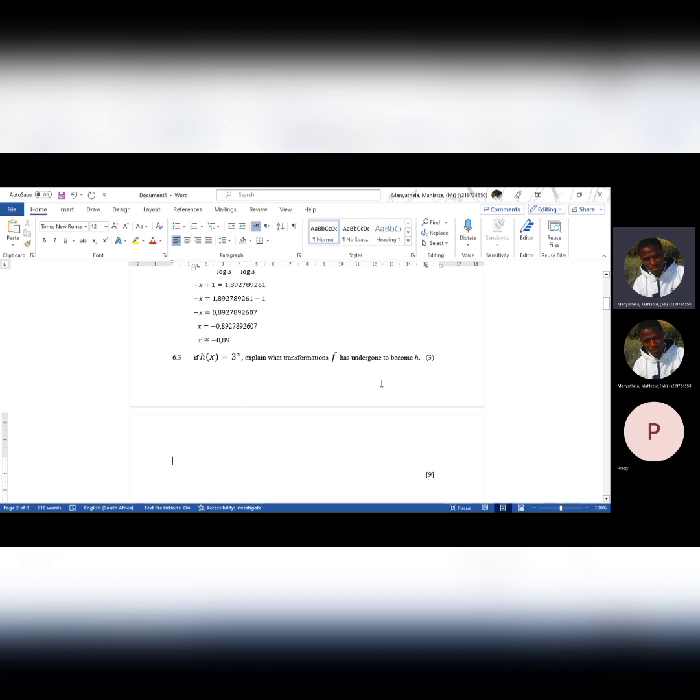So the transformation that happened here, they shifted h by 3 units up. Okay, h was shifted by 3 units up and 1 unit to the left, and also reflected along the y-axis.